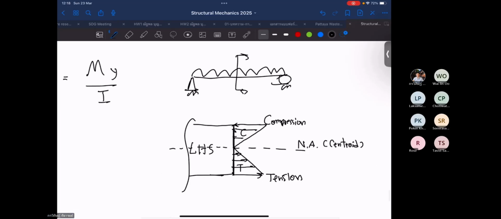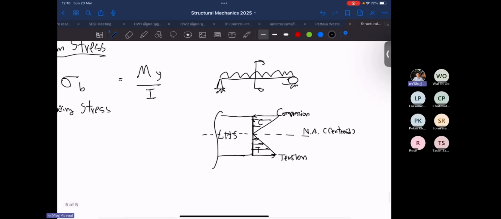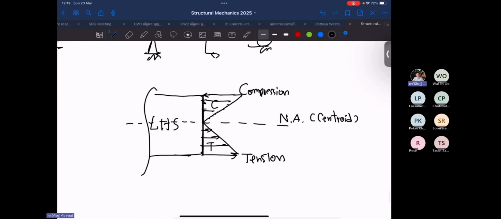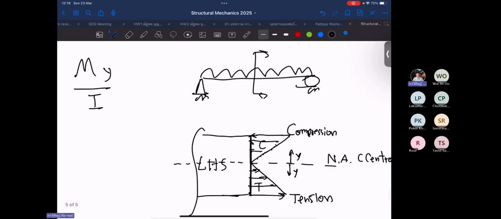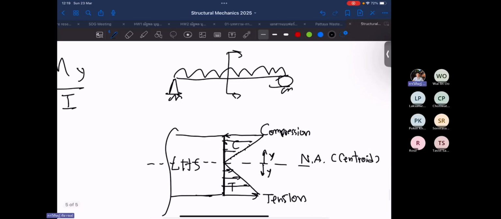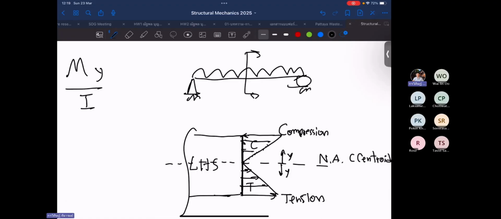Okay, like this. But when we design, we do not design at any point. We design the maximum one. So this one is our y. This y is the point of analysis; at the neutral axis or at the centroid there will be no stress at all because there is no force here. But the stress will be maximum at the far end of the section.